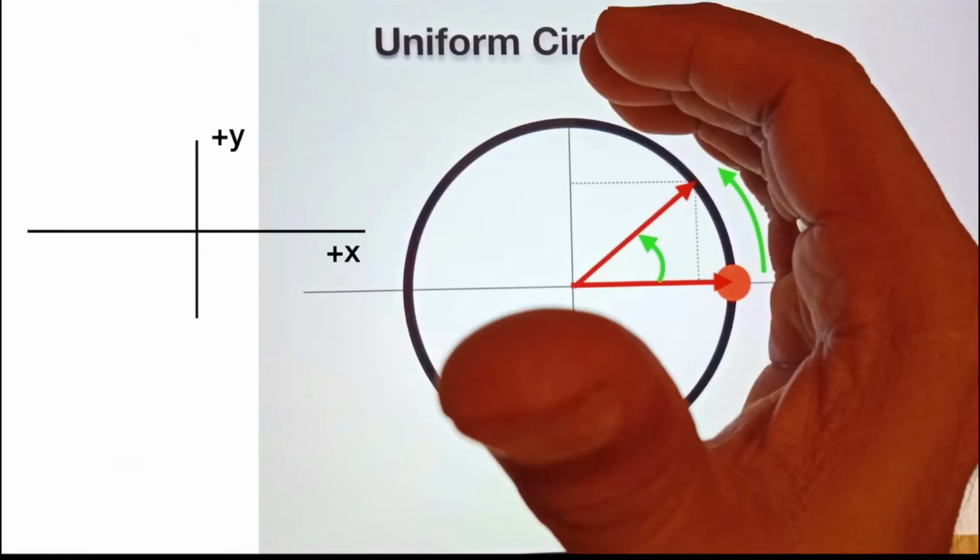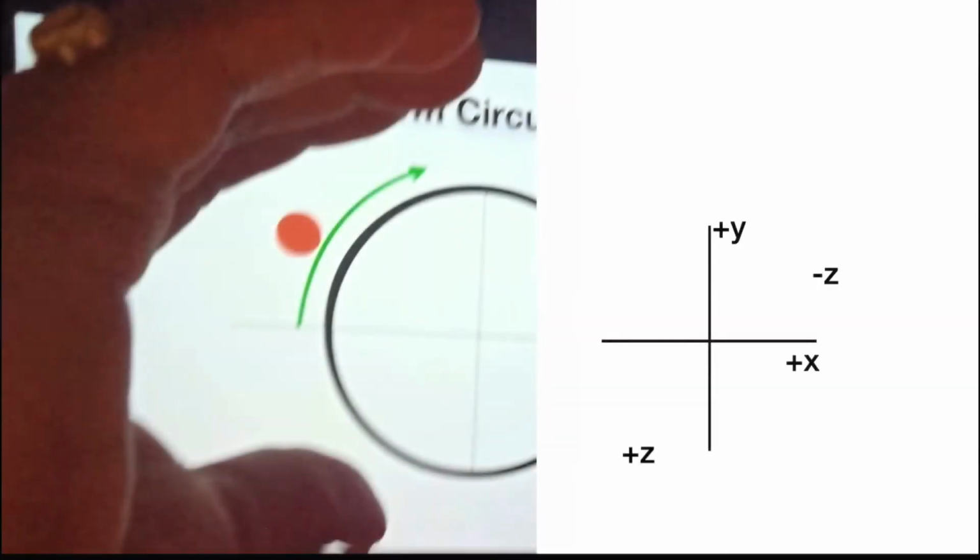Now let's check these directions on XYZ coordinates. If angular motion is in the XY plane, then the direction of displacement will be along the Z axis. In case of anti-clockwise direction, it will be in the positive Z direction. If the motion is clockwise, then as per the right hand thumb rule, the direction of angular displacement will be in the minus Z direction.